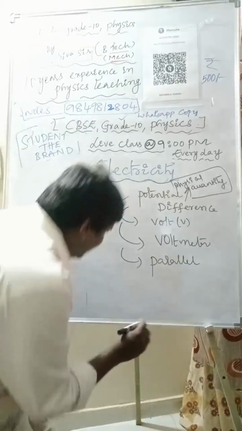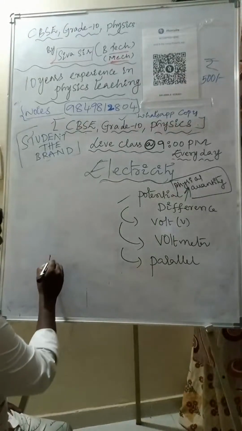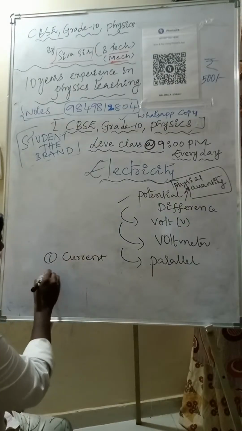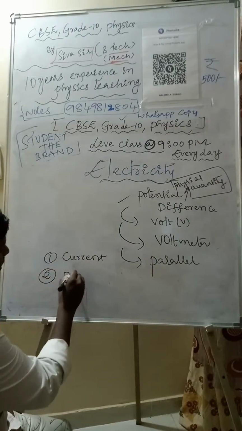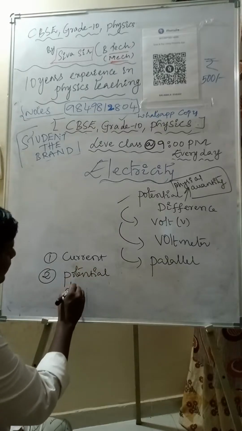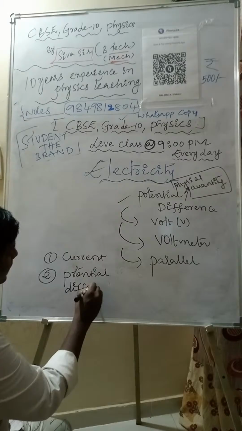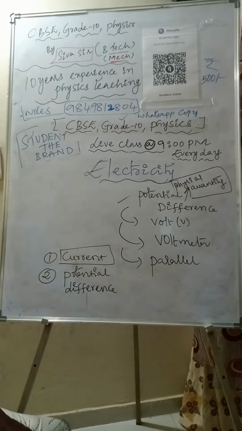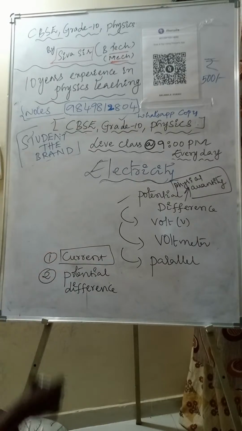In parallel combination, potential difference is the physical quantity which is constant. So this type of questions they will ask.